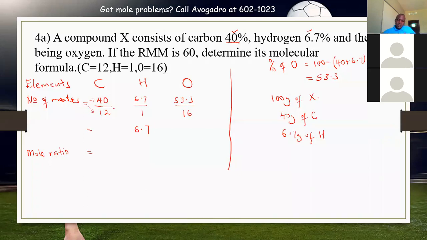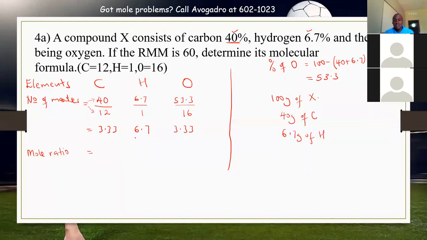You get 3.33. So at this point, you can see that in this compound of 40% and 6.7, we shall be having for carbon 3.3 moles, while for hydrogen it will be 6.7.